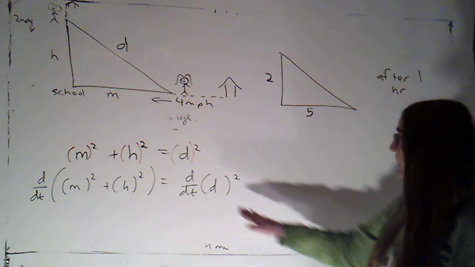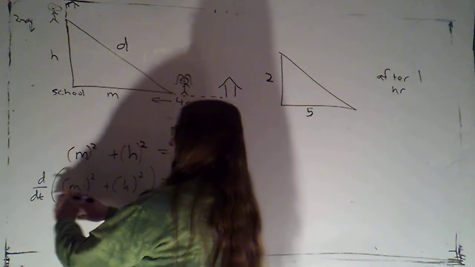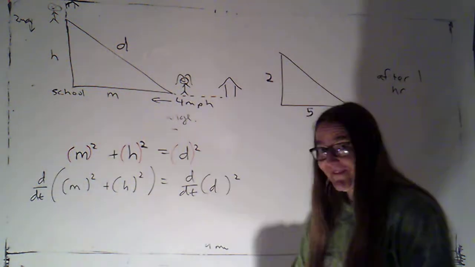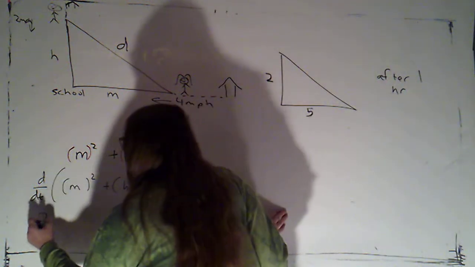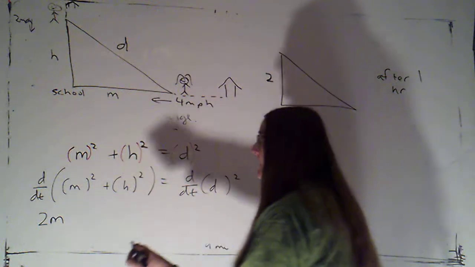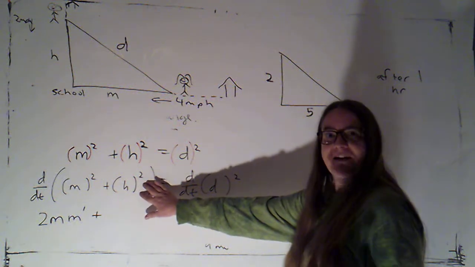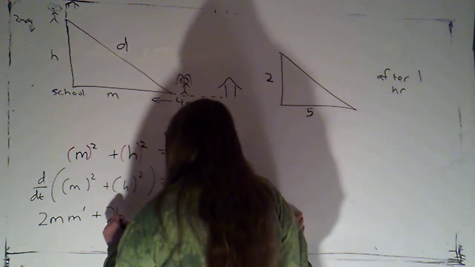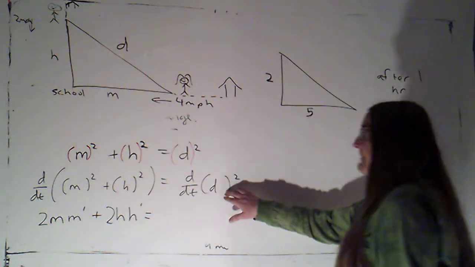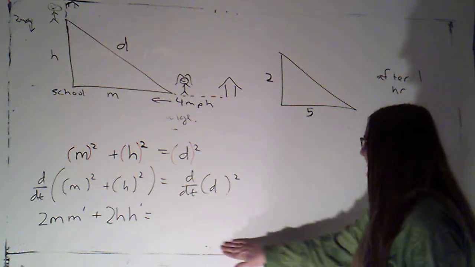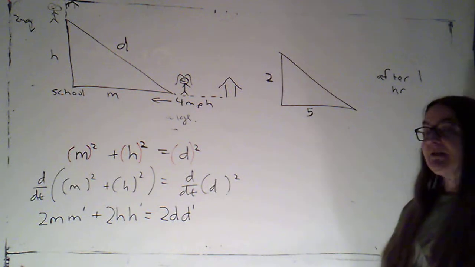We have here 3 different functions of time, but anytime I'm taking the derivative with respect to t of something other than t, that's going to be an implicit differentiation. So the derivative of the squaring function, I just double my input, so I'm going to get 2m, and then times m prime. Plus, same thing here, derivative of the squaring function, now I get 2h, and the derivative of the inside part is h prime. And that's going to equal, same thing here, derivative of the squaring function, this time is 2d, and the derivative of the inside part is d prime.